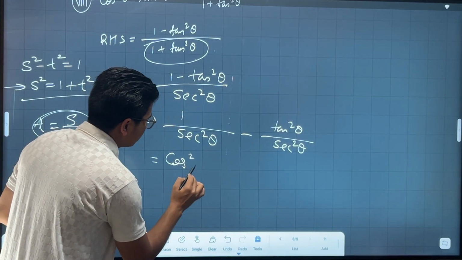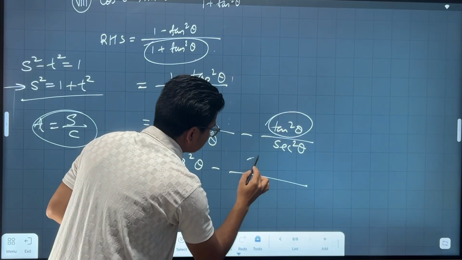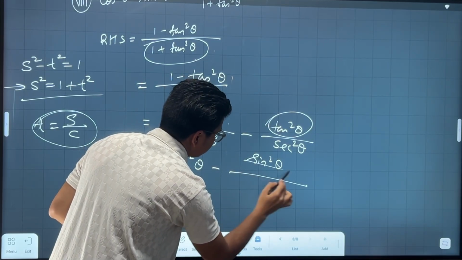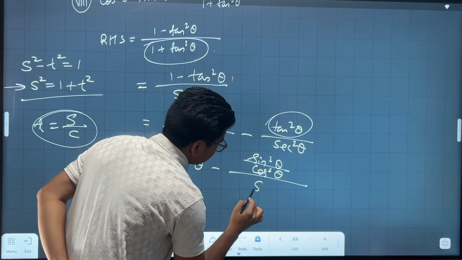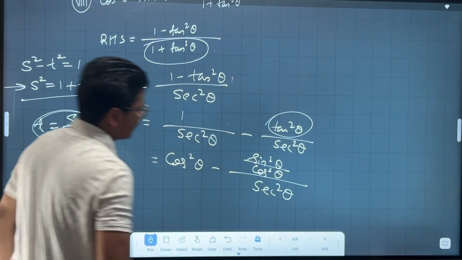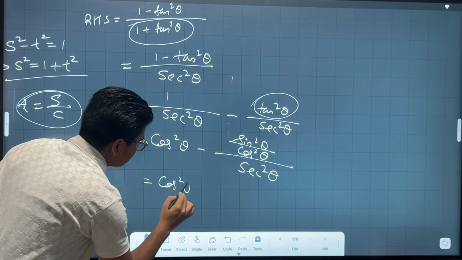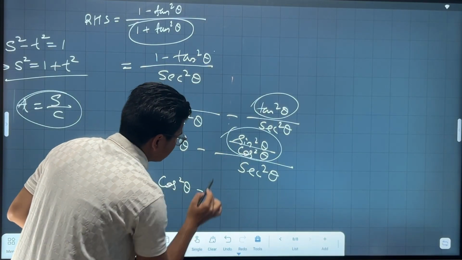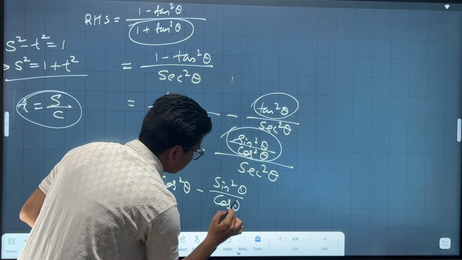So cos square theta minus, in place of tan square, write down sin square theta divided by cos square theta, then sec divided by sec square theta, correct, and equals to cos square theta minus sin square theta divided by cos square theta.